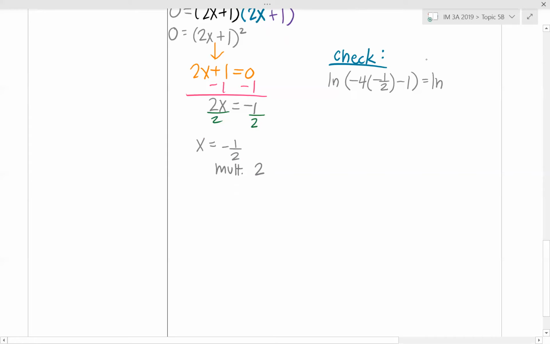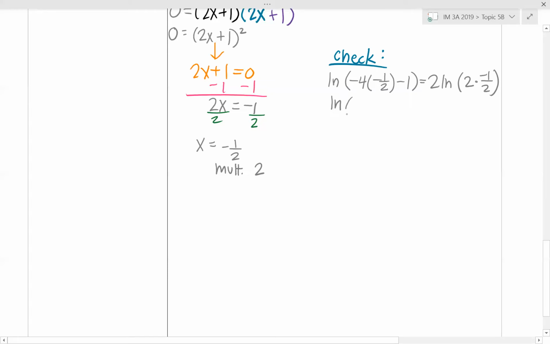ln equals 2 ln of 2 times -1/2. If we simplify this, we get ln of, so -4 times -1/2 is +2.